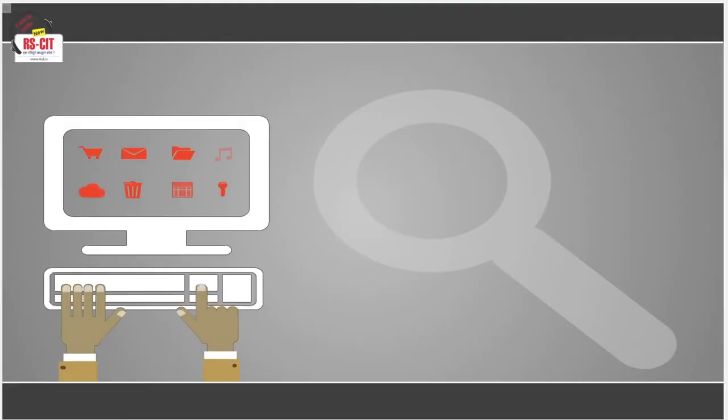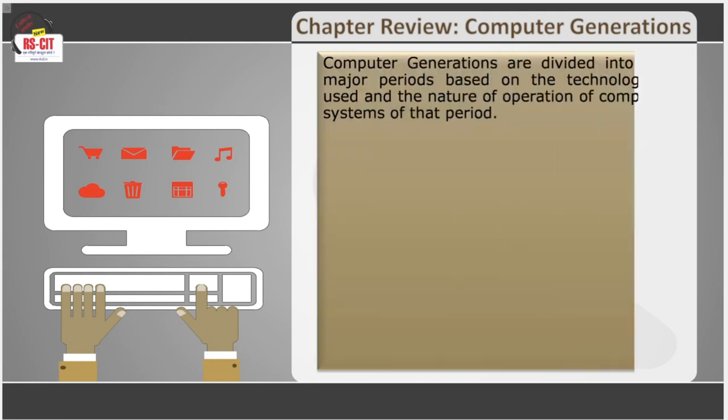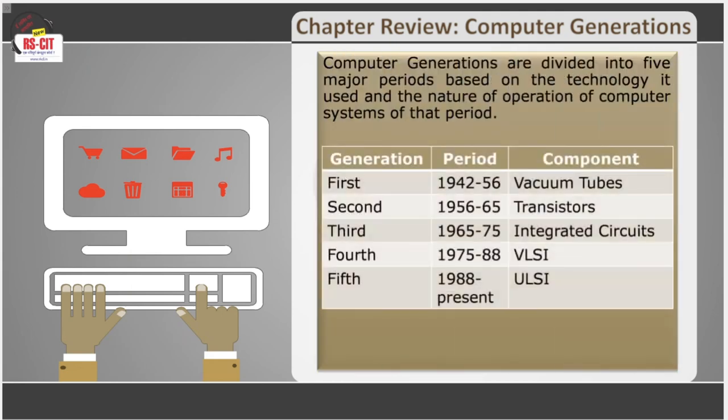Computer generations. Computer generations are divided into five major periods based on the technology used and the nature of operation of computer systems of that period. First generation: period 1942 to 56, component vacuum tubes. Second generation: period 1956 to 65, component transistors.